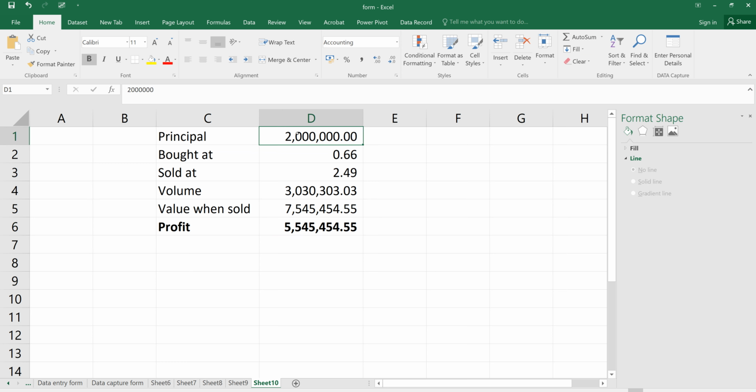This is your investment. So I want to do some simple calculations here. Usually when you want to calculate the percentage, it is the principal minus... I want to do it on a positive note here.